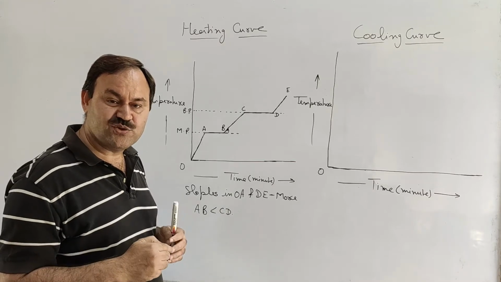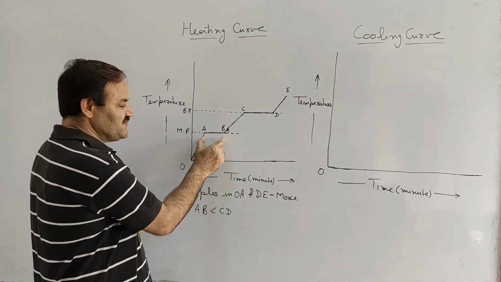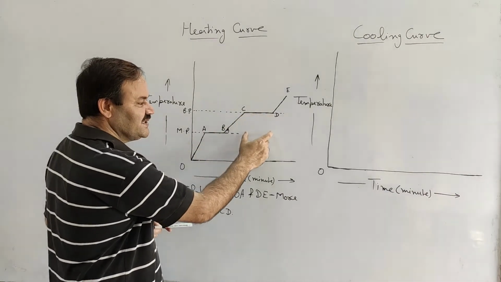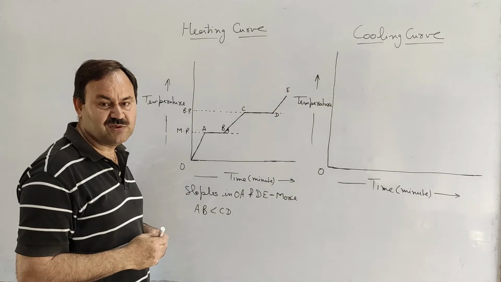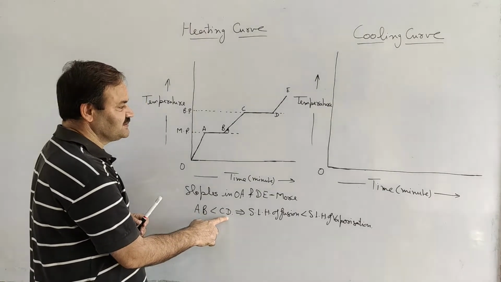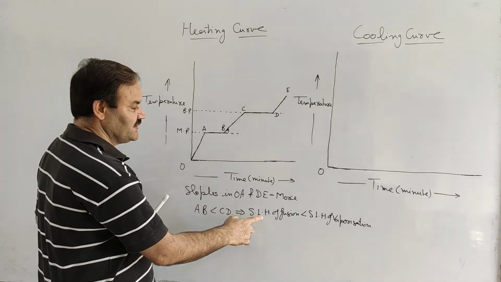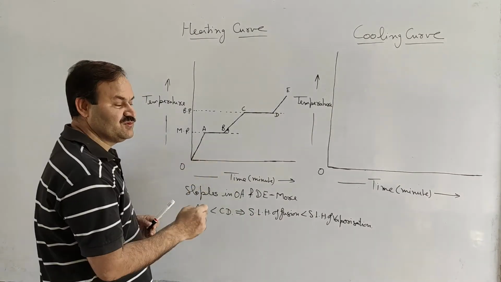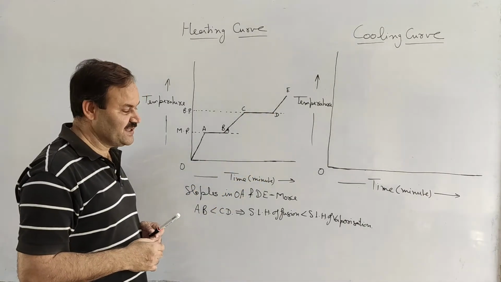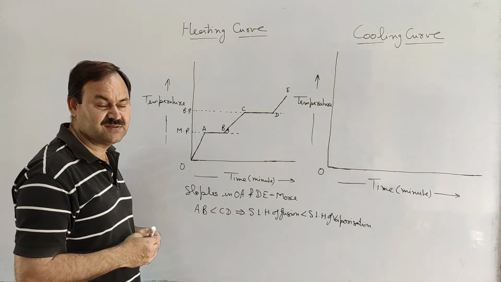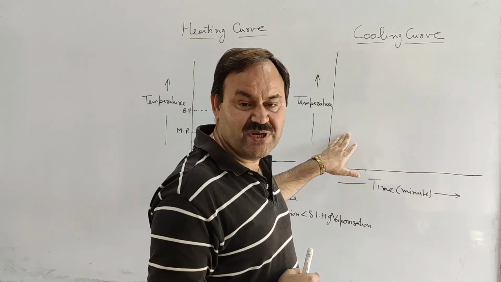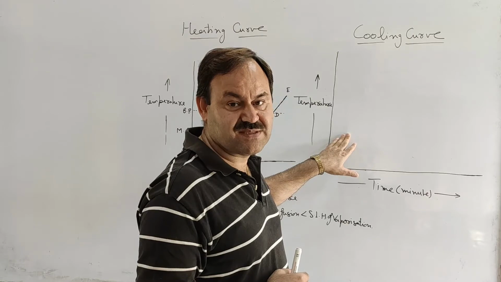This again shows that the specific latent heat of fusion is always less than the specific latent heat of vaporization. Thus, AB less than CD indicates that the specific latent heat of fusion is always smaller than the specific latent heat of vaporization. Similarly, we can draw the cooling curve for a substance.